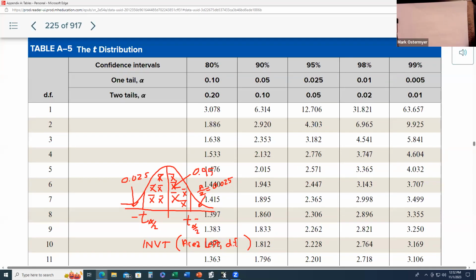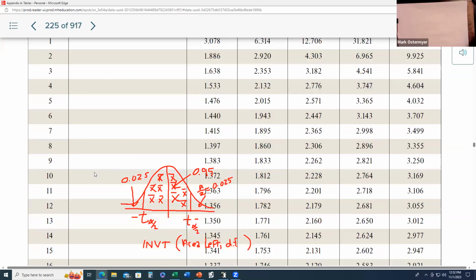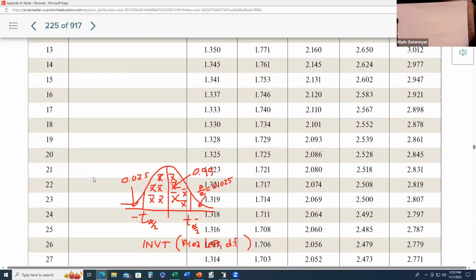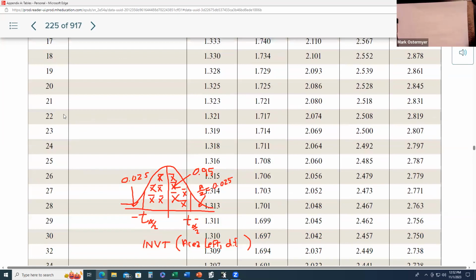That's a pretty lucrative number of values there. Your leftmost column is your degree of freedom column. And so you're going to have to go into the 95% column and follow it down till you run into 21 degrees of freedom. So there you go, 21 degrees of freedom.